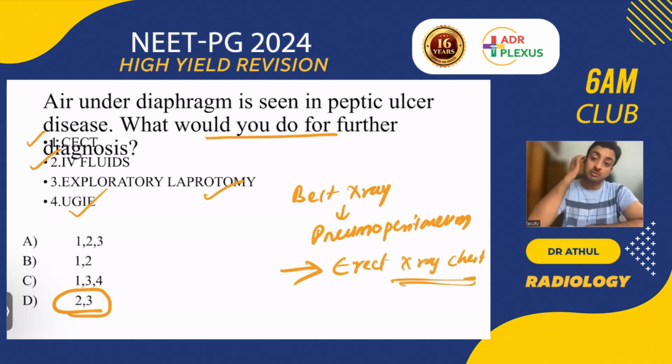That is the concept. Because when you are taking a chest X-ray, the rays will be more tangential to the diaphragm. So even a minimal amount of air will not be missed. But in abdominal X-ray, the rays will be centered in the umbilical region. It is far lower down. But in chest X-ray, the rays will be tangential to the diaphragm, so that you will not miss even a minimal amount of air.